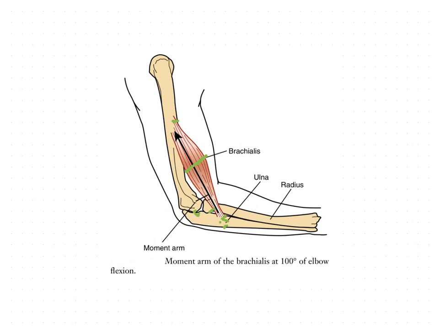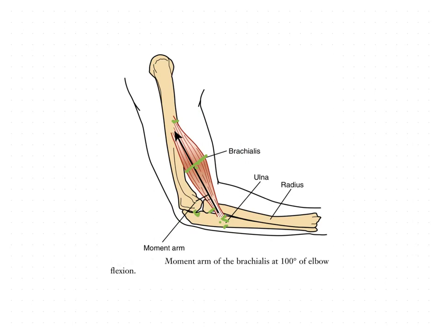It also has large strength potential because it has a large physiological cross-sectional area and large work capacity, as well as greater volume. And the moment arm of the brachialis is greatest at slightly more than 100 degrees of elbow flexion.